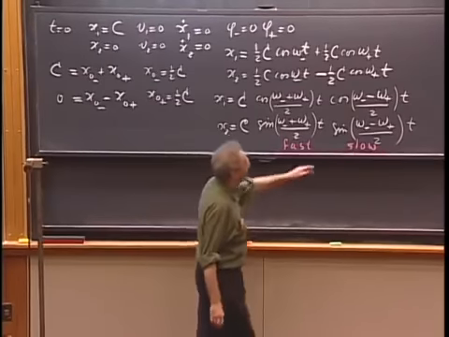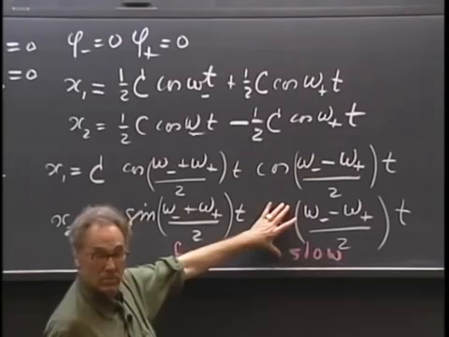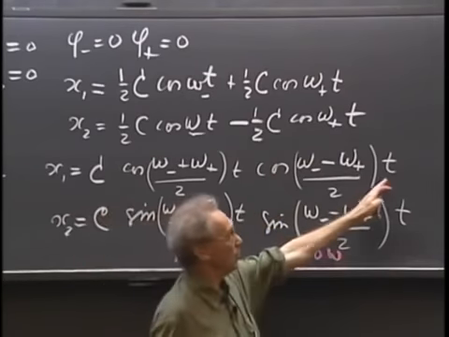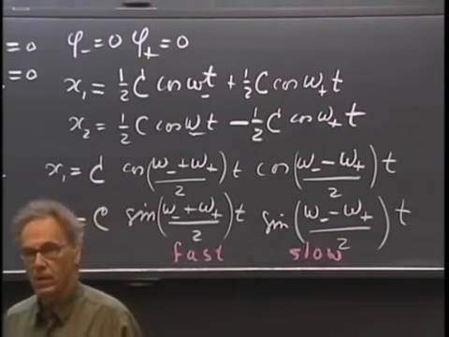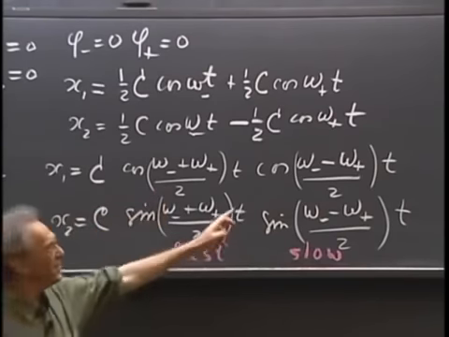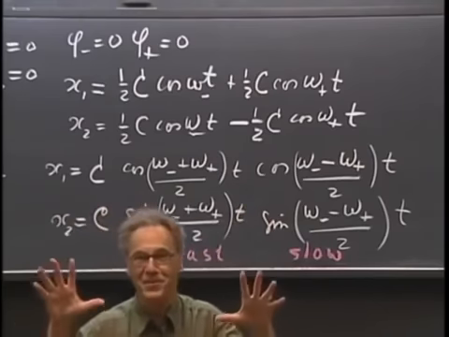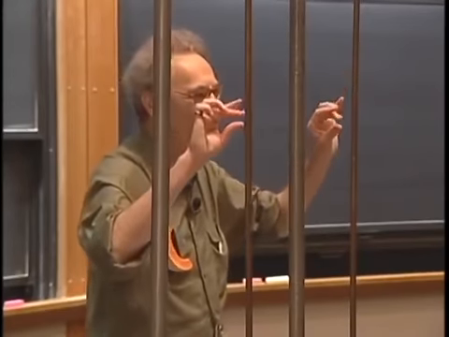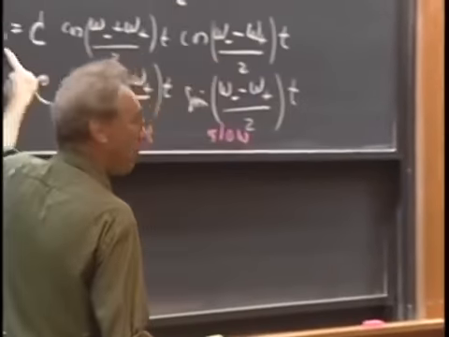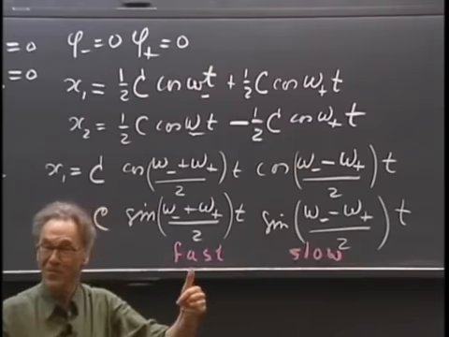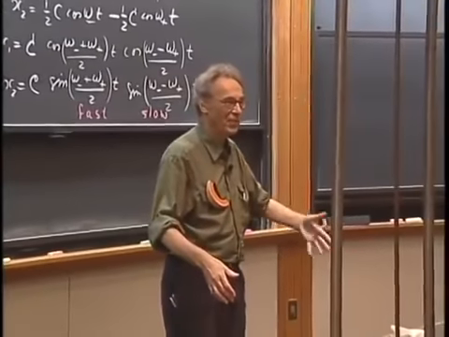At t equals 0, this one stands still, and this cosine term is going to be 1, because t is 0. This one is going to oscillate happily with this frequency, but this cosine term is very gradually going to 0. And as that cosine term gradually goes to 0, this one will stop oscillating, but this sine term becomes plus 1. And so the other one will start to oscillate.